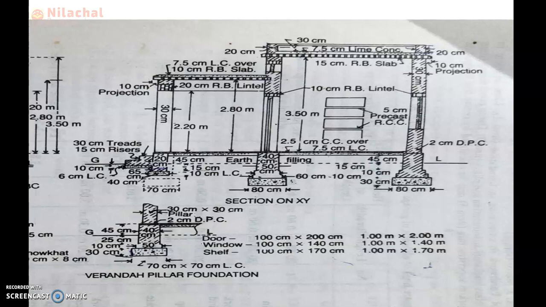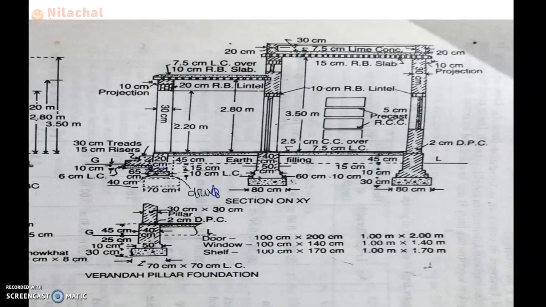Here the veranda cross section is given. The veranda base part, the cement concrete part, is given with 40 centimeter thickness, and after that a 20 centimeter wall is provided. It is known as the drop wall. It is the drop wall part.